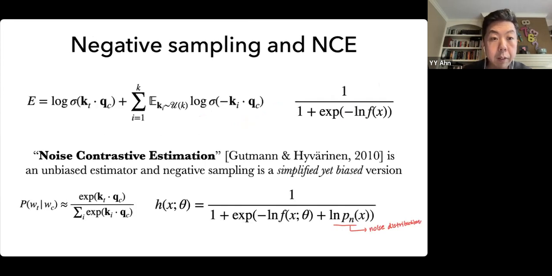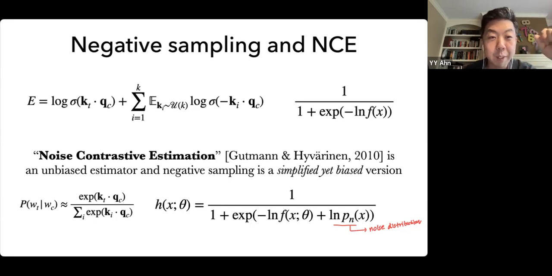But it turns out that this is quite close to an unbiased estimation method called noise contrastive estimation. Noise contrastive estimation is an unbiased estimator, and it lets us estimate any kind of probability distribution using this type of logistic regression framework.